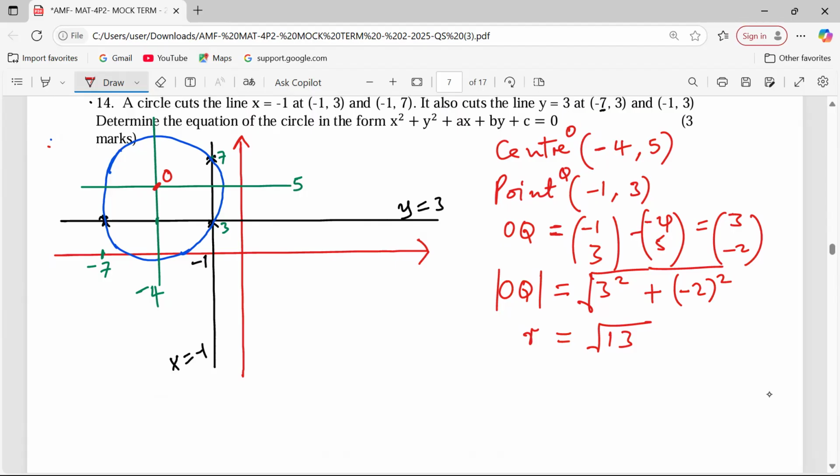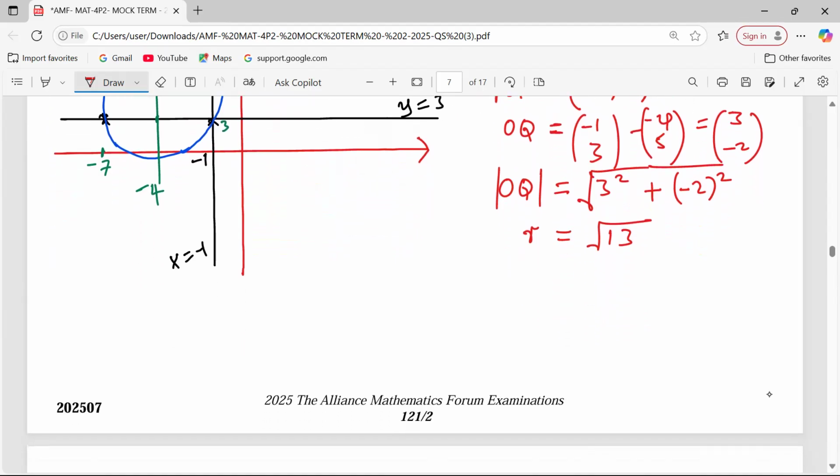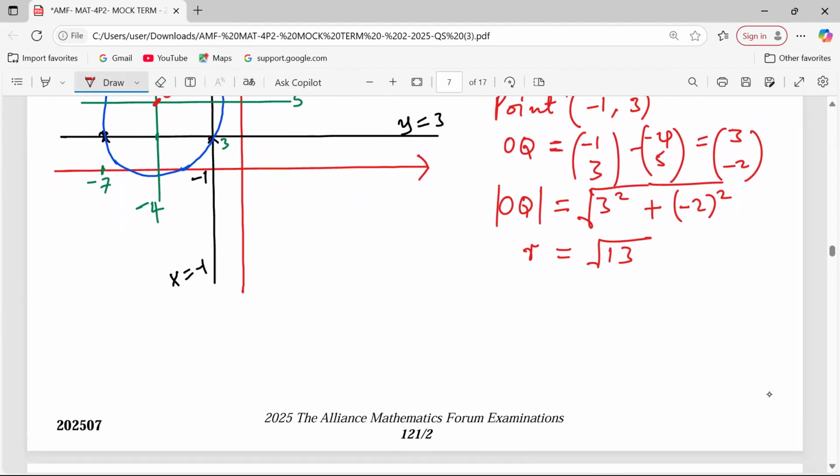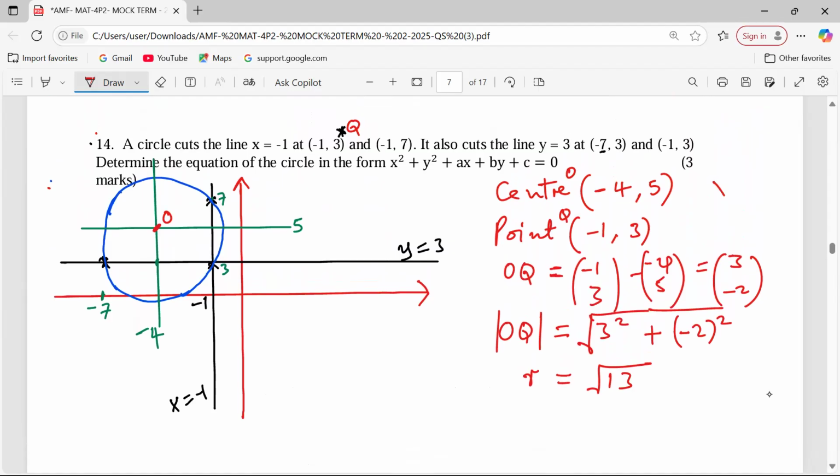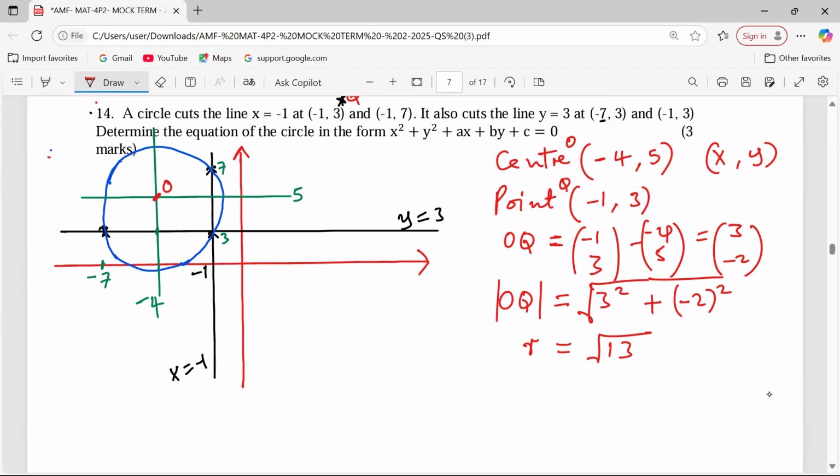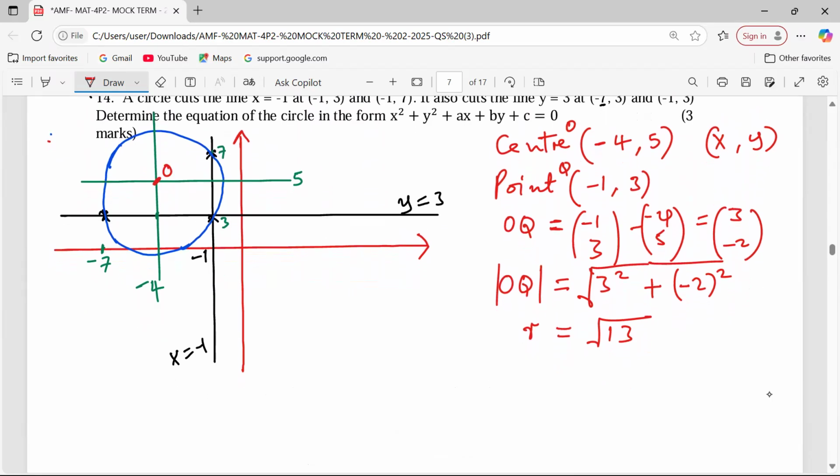So how do we find now the equation of the circle? We use the center and a point x, y, which is unknown, along the circle. We take x minus the x coordinate of the center, then I square, and I add y minus the y coordinate, which is 5, I also square.